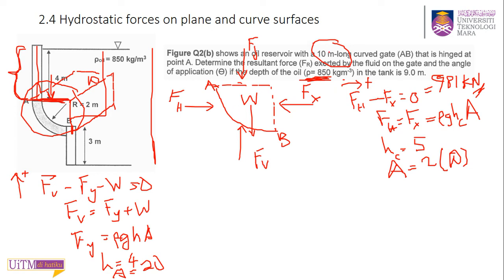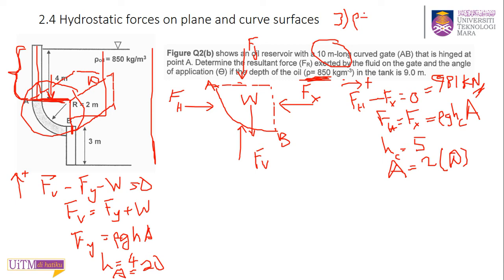So remember, that's why we have those 4 steps. First your diagram, second your equation, and the third one you have to write all the properties, whenever we solve any problem, whether manometric, plane surface or curved surface, so that you don't make this mistake. So you write all the properties.